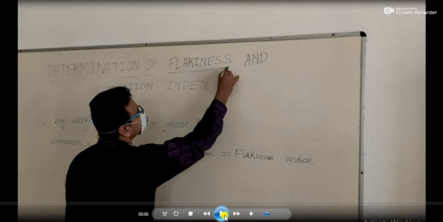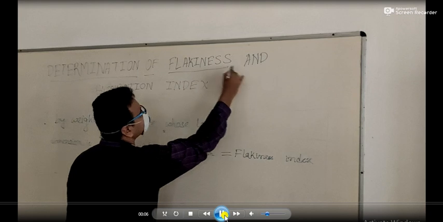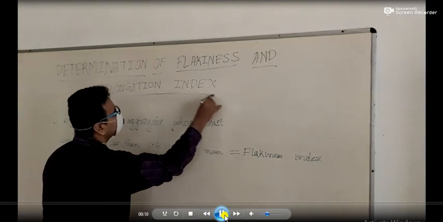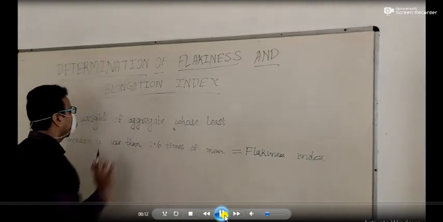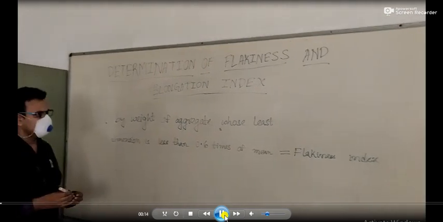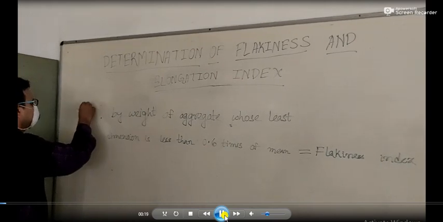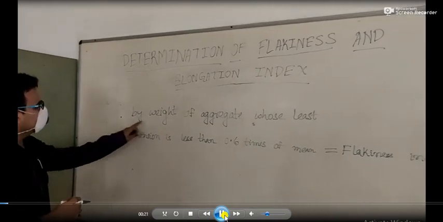Now this flakiness index is the percentage by weight of aggregate whose least dimension is less than 0.6 times of the mean. Now what does this actually mean?